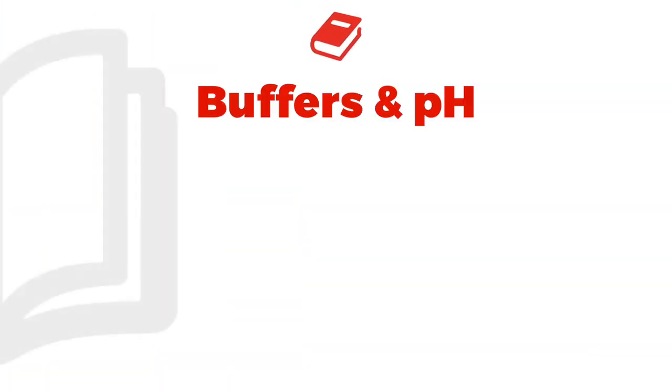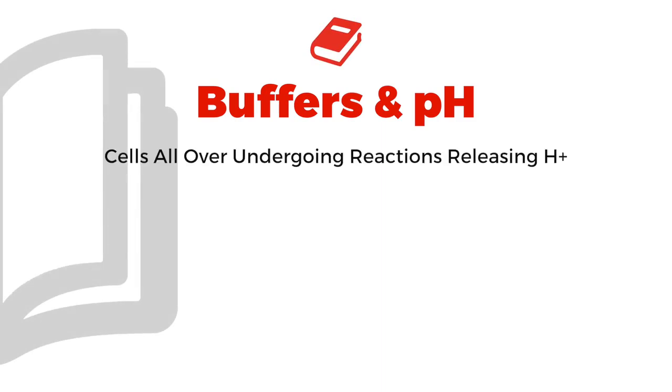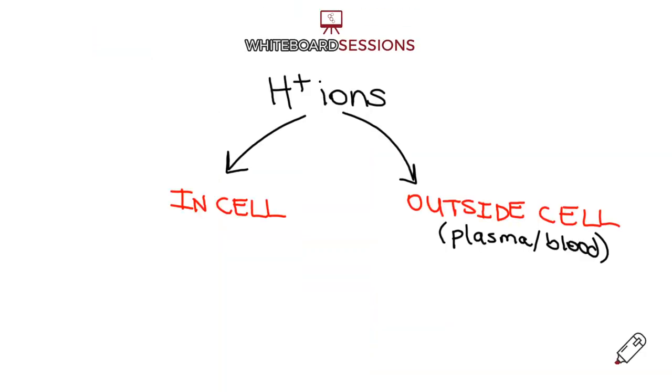Okay guys, let's talk about buffers for a minute. Just to introduce this topic, remember that cells all throughout your body are constantly undergoing reactions in which they release H+ ions. Sometimes they release them outside of the cell, sometimes the H+ ions are inside the cell. Take a look at this visual with me to introduce this topic. When the hydrogen ions are in the cell, on some past tests they've asked what the buffer is in that situation, and it's going to be dihydrogen phosphate.